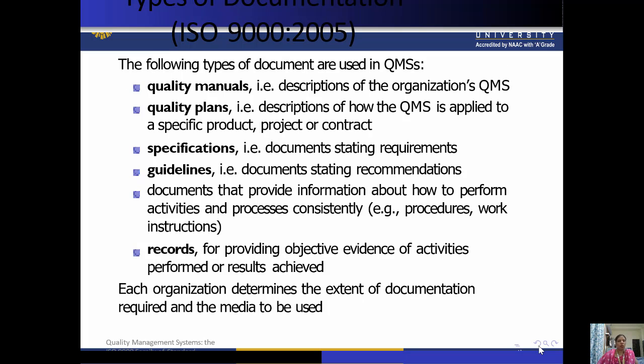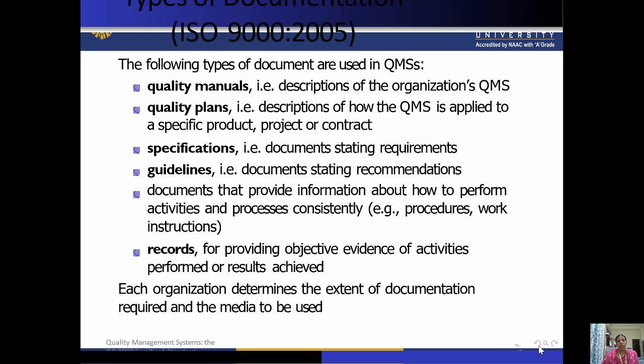Now next is types of documentation. As per the ISO 9000 2005, there are various types of documentation which are used in the QMS. Okay, so we have already discussed many of the documents. The first one is the quality manual. Quality manuals are basically used in each and every step. The description of the organization's QMS is given in the quality manual only.